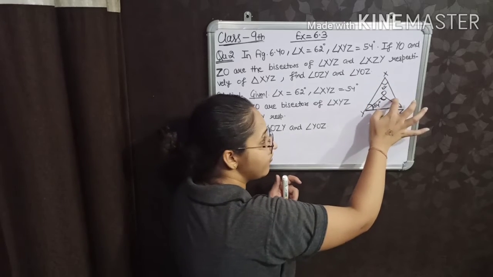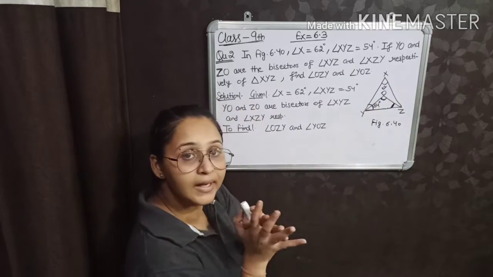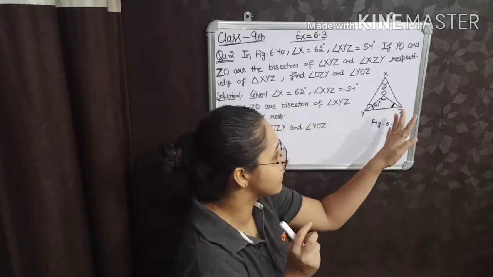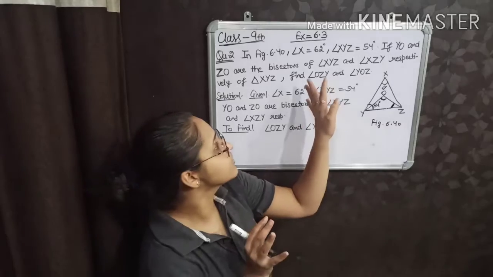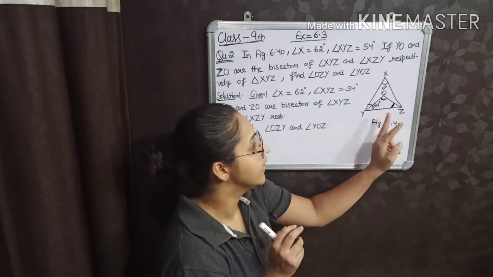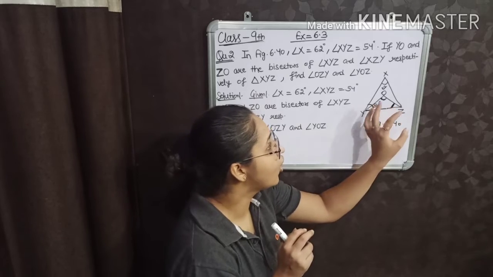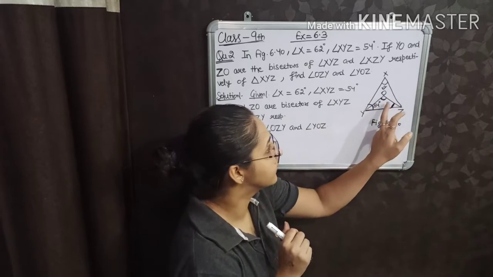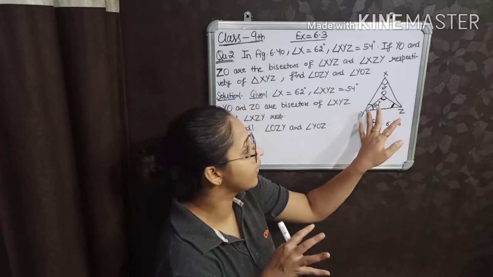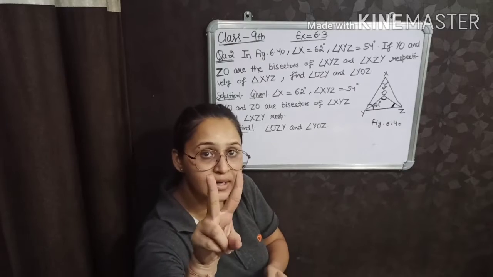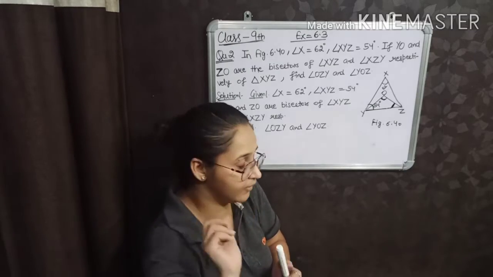So you can find the third angle by angle sum property for triangle XYZ. Now first you see that you have to find angle OZY, this angle of the smaller triangle, and angle YOZ, this angle of again the small triangle. You have to find two angles of the small triangle.